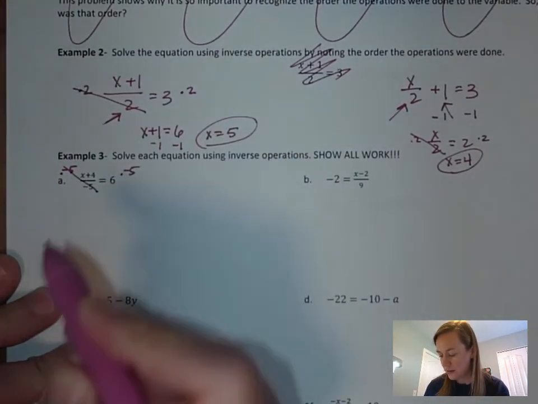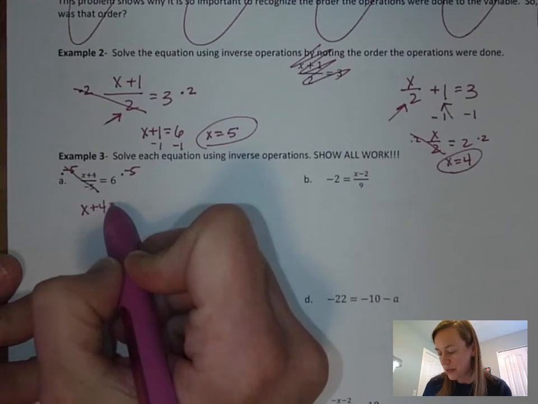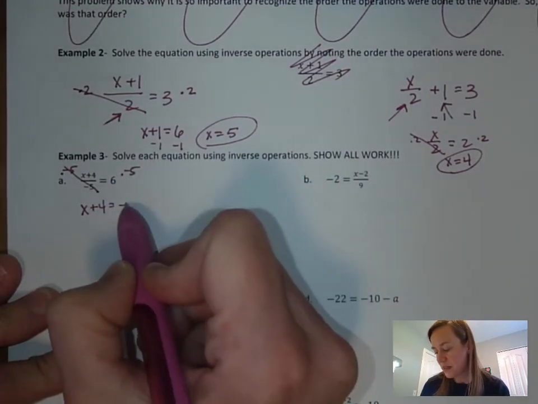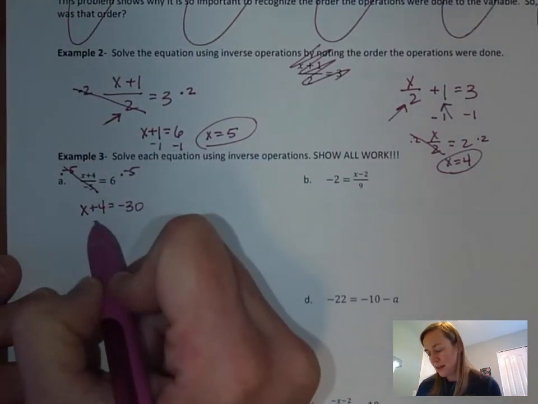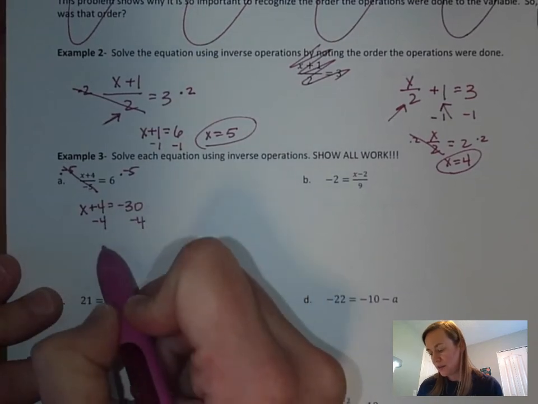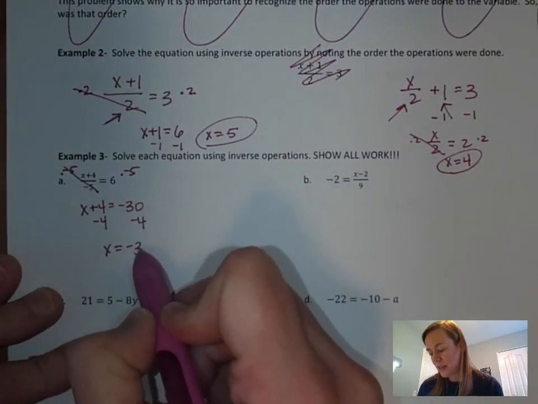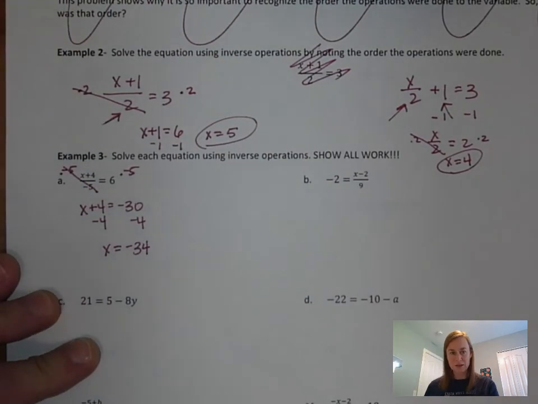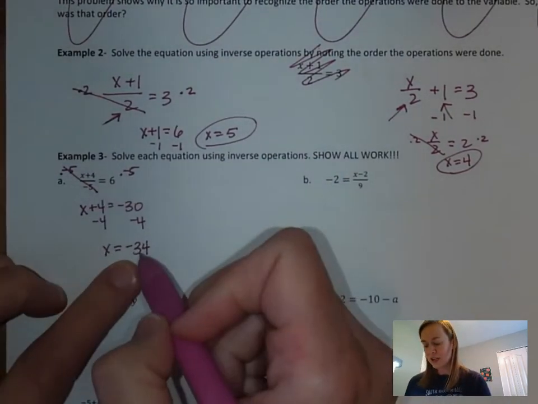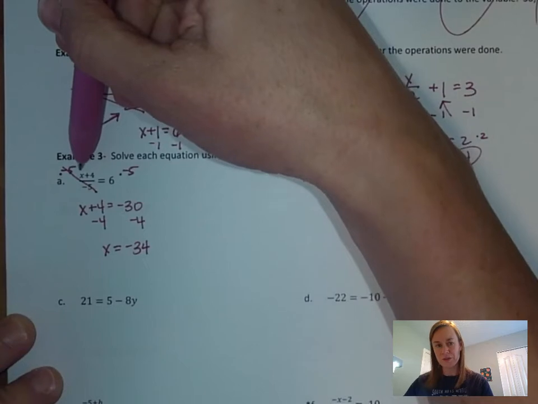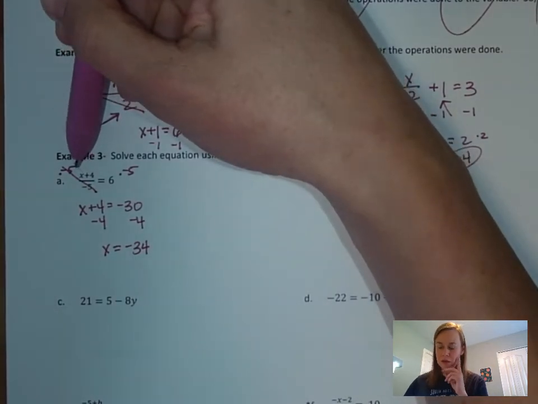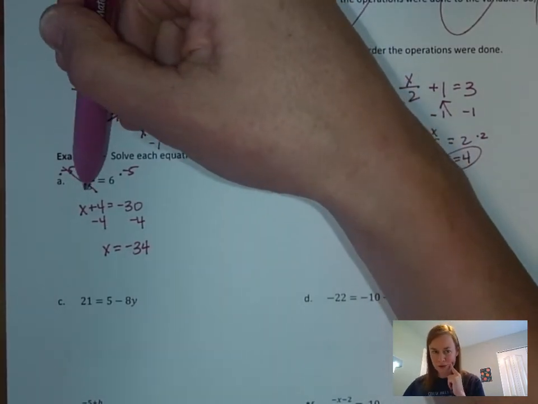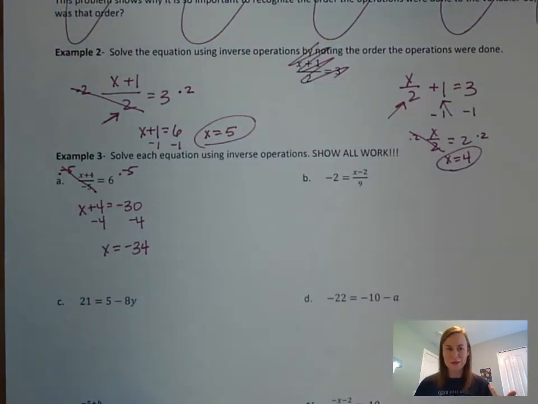These cancel, leaving us with just x plus 4 equals 6 times negative 5, which is negative 30. Then we get rid of the 4, and you're left with x equals negative 34. To double check, negative 34 plus 4 would be negative 30. Negative 30 divided by negative 5 gives us positive 6. Looks like we did it right.